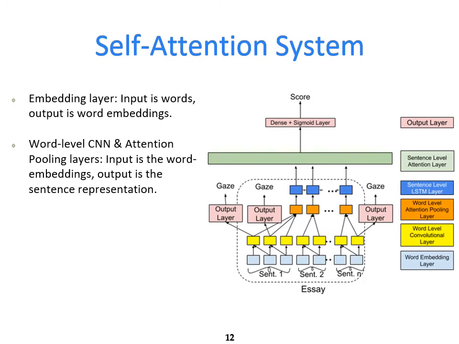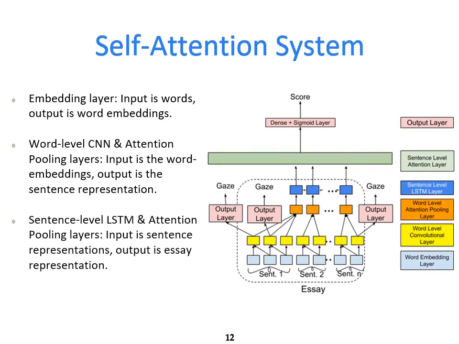The word level CNN layer takes the word embeddings as input and sends the output to an attention pooling layer. The output of the attention pooling layer is the sentence level representation. Each of these sentence level representations are then sent through a sentence level LSTM, and the output of that is pooled through an attention pooling layer to get the representation for the essay.